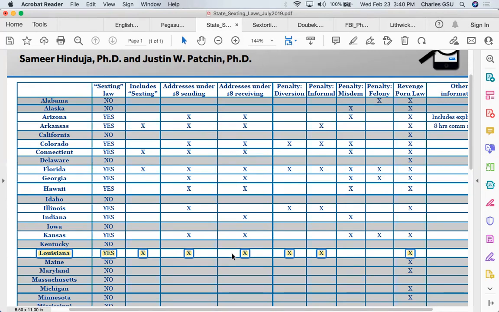So what constitutes child pornography? Well, people who are 17 or younger, so under the age of 18, and showing genitals and or nudity can be described as child pornography.